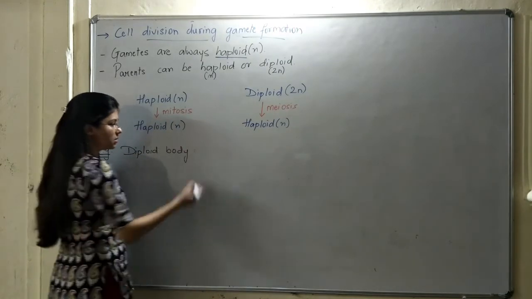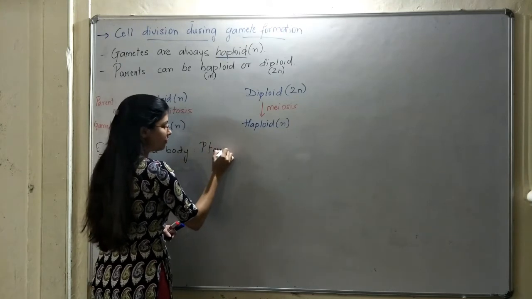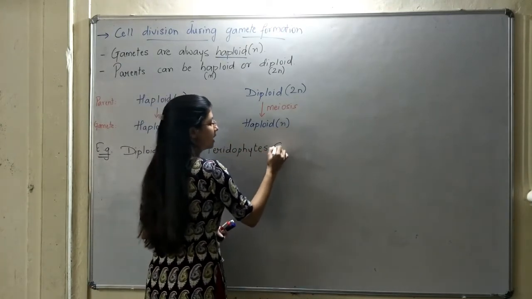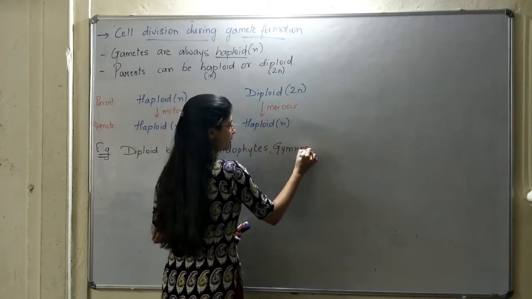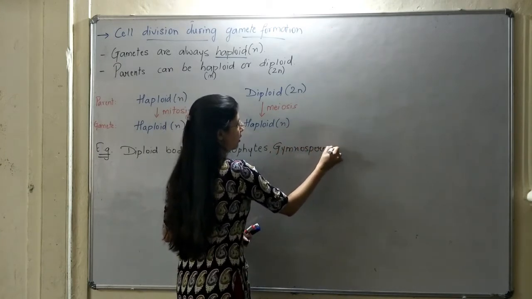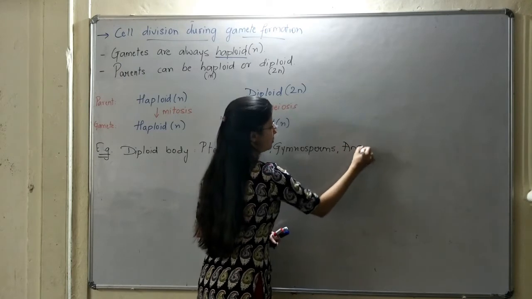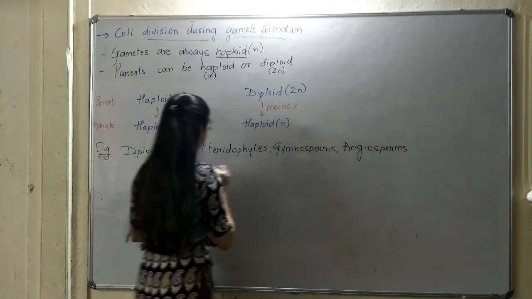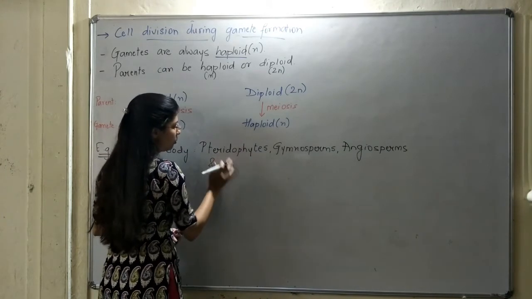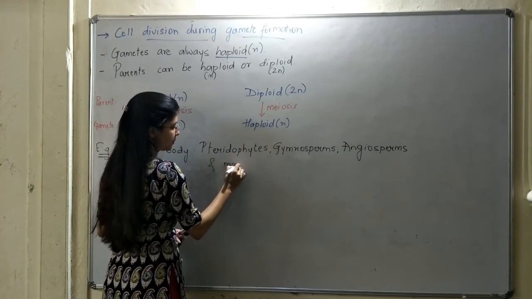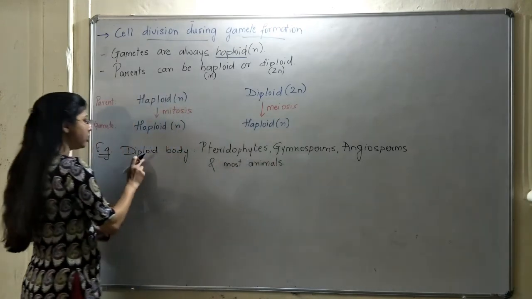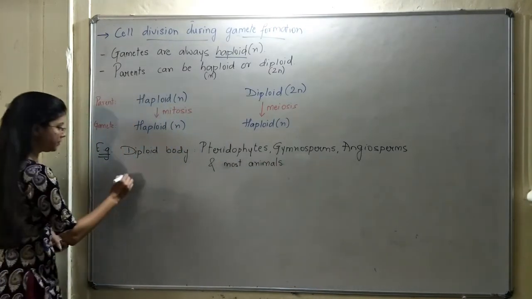Diploid body organisms will include pteridophytes from the plant kingdom. Then there will be gymnosperms, and of course the higher level of plants, angiosperms. And most animals, except for some lower levels, will always have a diploid body.